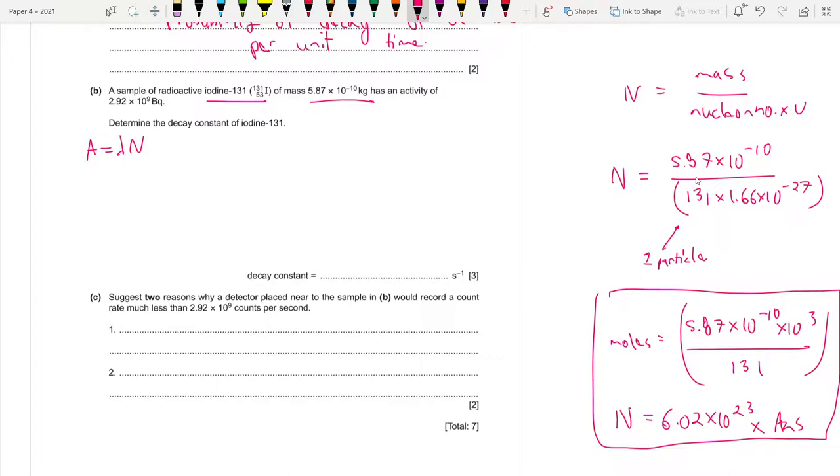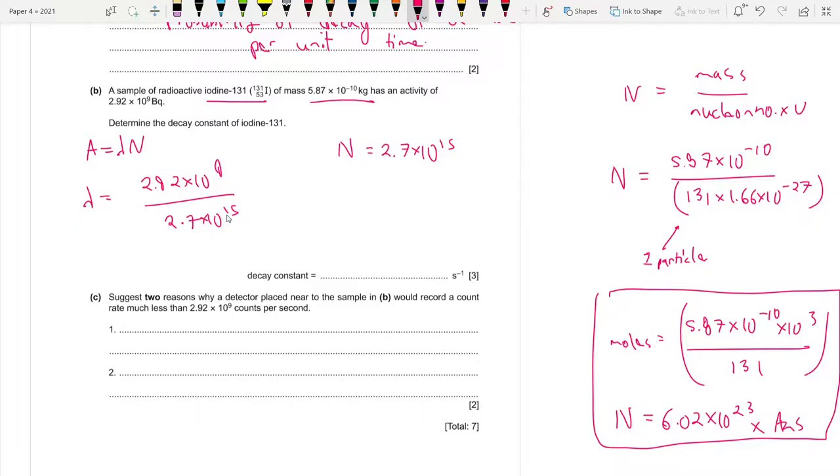So that's 5.87 into 10 power minus 10 divided by 131 into 1.66 into 10 to the power minus 27. We get a value of N is equal to 2.7 into 10 power 15. So lambda is equal to 2.92 into 10 to the power 9 divided by 2.7 into 10 to the power 15.